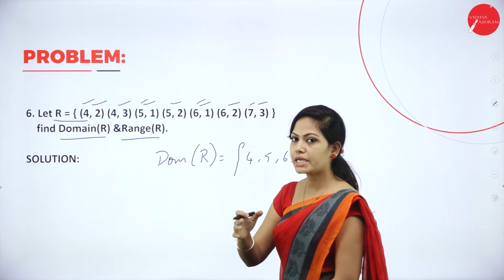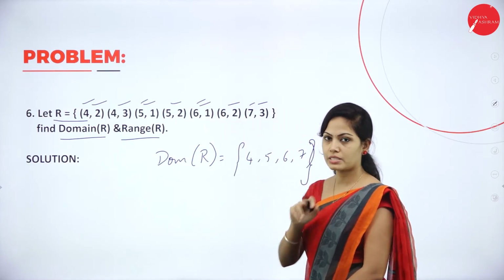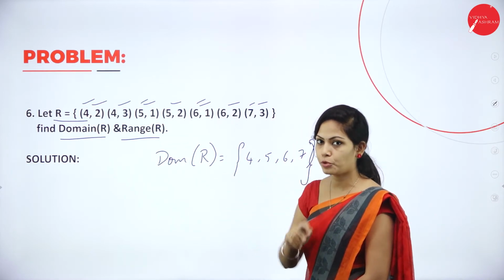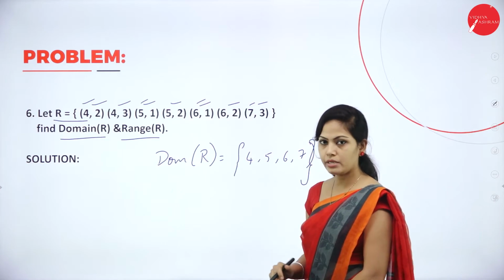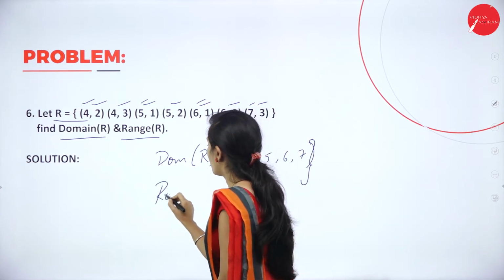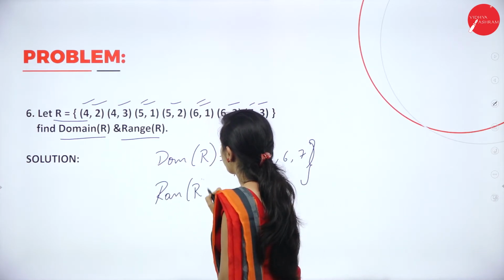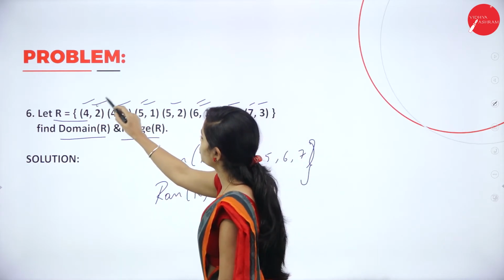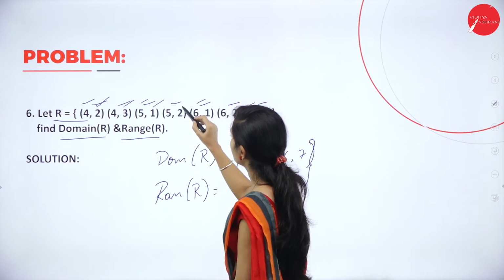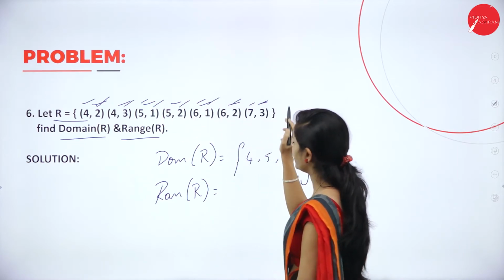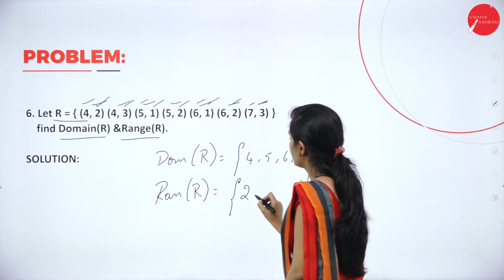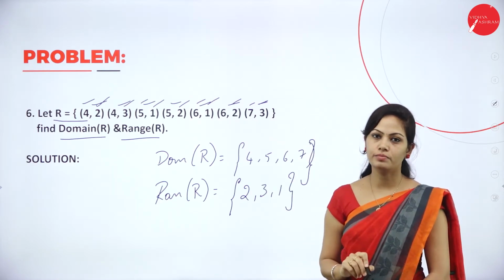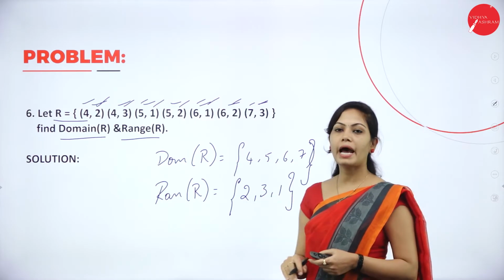If a value is repeated, you have to write it only once. 4, 5, 6, 7 are the X values, called input values, called the domain, and range of R is equal to all the Y values. So here 2, 3, 1, 2, 1, 2, 3. So 2, 3, 1 is the range. So this is called domain and range.